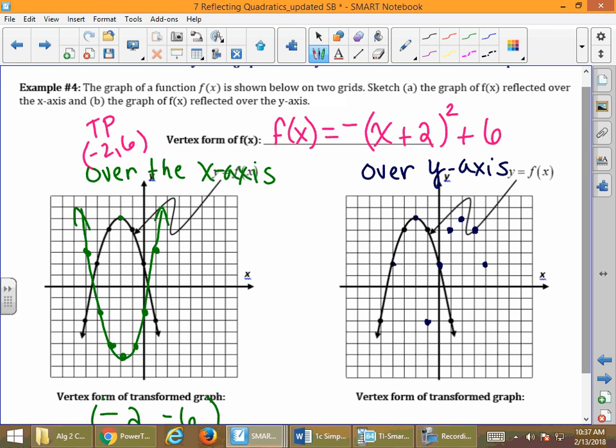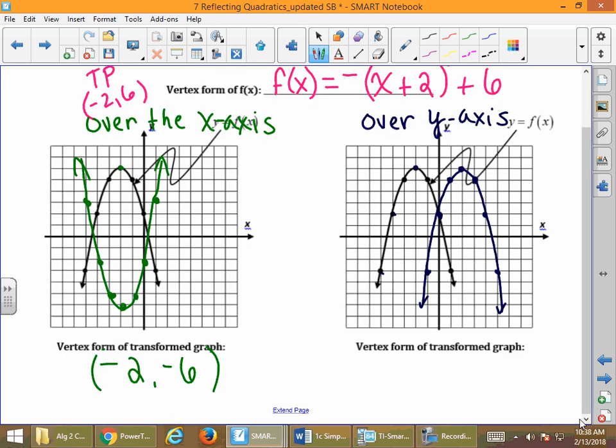And finally here, this point of 5, negative 3 is 5 spaces away from the y-axis, so it's going to be 5 spaces away from the y-axis on the other side. And here we get our quadratic reflected over the y-axis. And our vertex is 2, 6 this time.